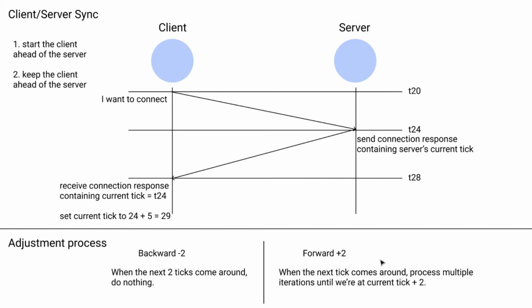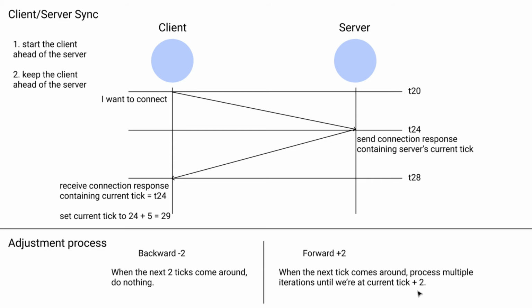So in your client simulation processing code, you need to actually check, has the server given me an adjustment? And if so, I need to process a bunch of ticks at once until I catch up to where the adjustment has told me to be. So you're processing a bunch of ticks at once in order to go forward in time.